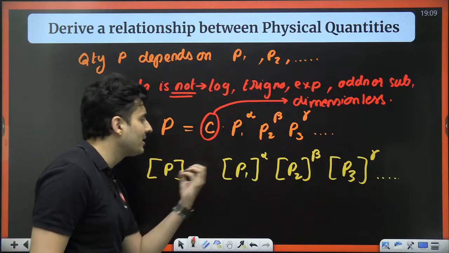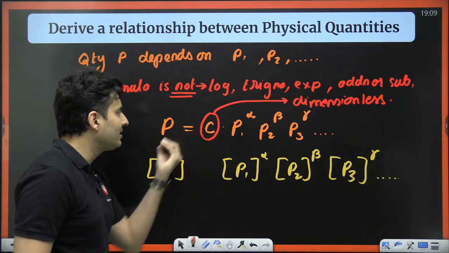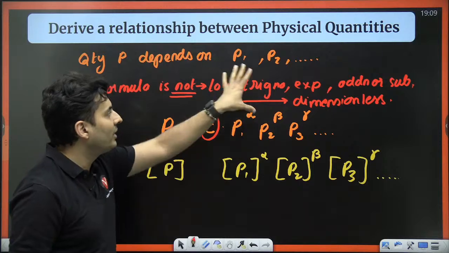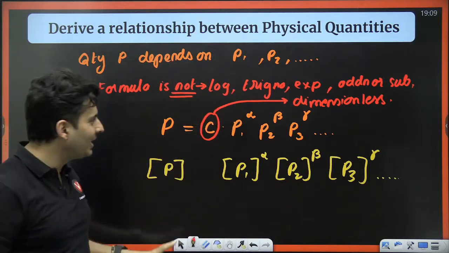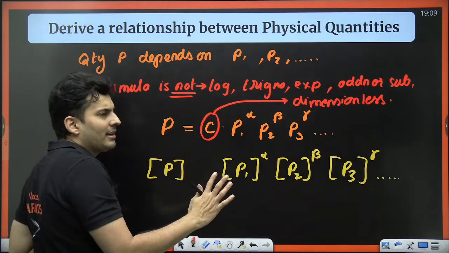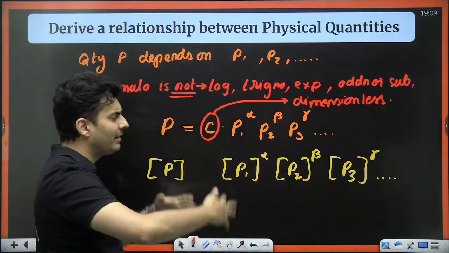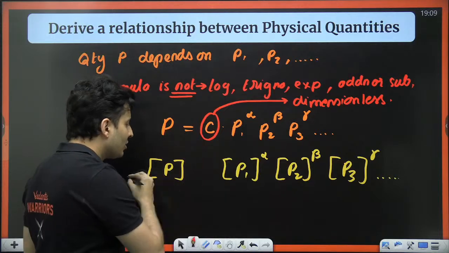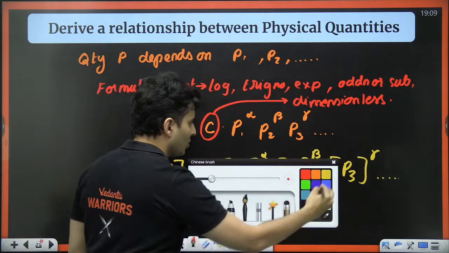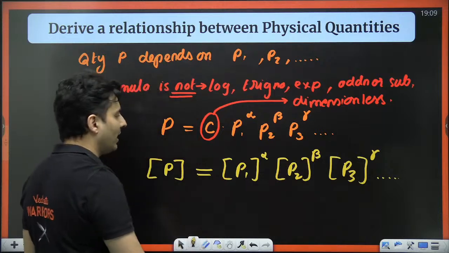So if this is dimensionless and not trigonometric, exponential or logarithmic, then it will be a simple relationship. P is some constant into P1 raised to alpha, P2 raised to beta, P3 raised to gamma. So the dimensions should match.